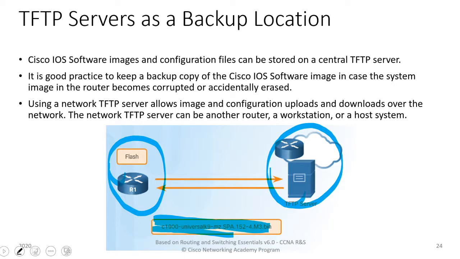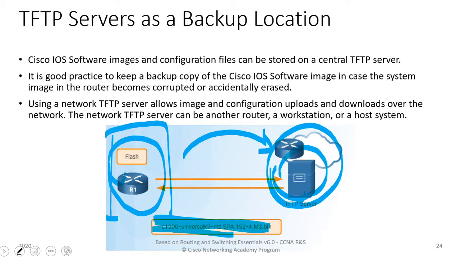So it can be backed up to another router, another server, or a workstation somewhere else on the network. If this router or device fails, we may still be able to get the configuration and load it onto a different device and continue running.